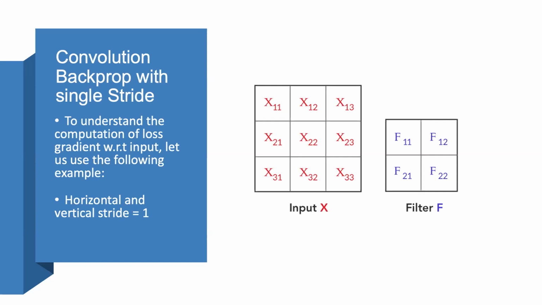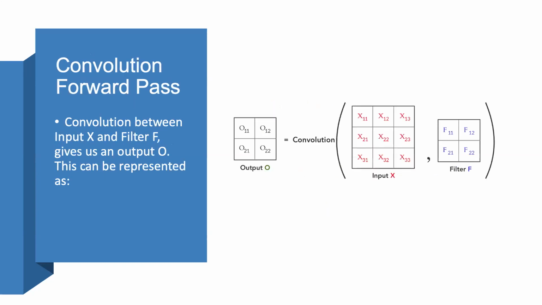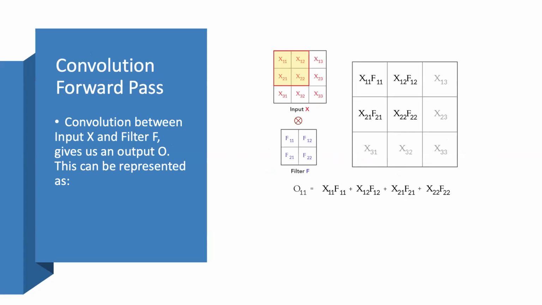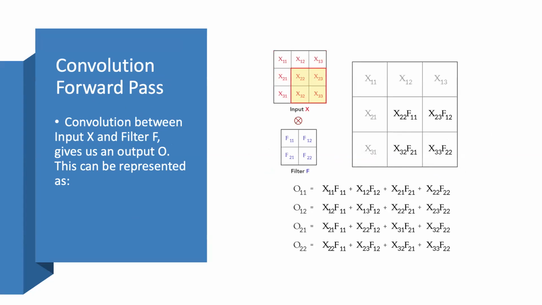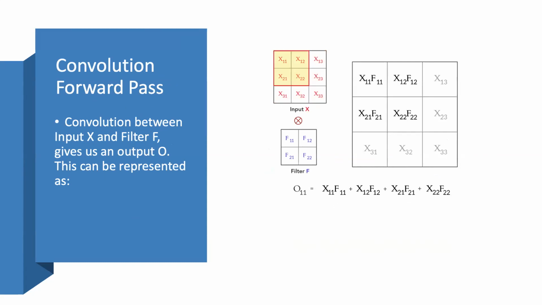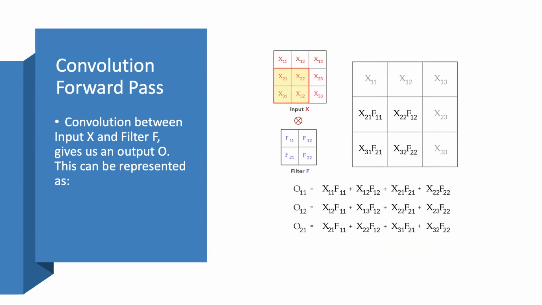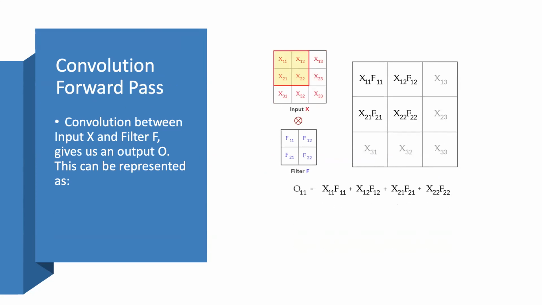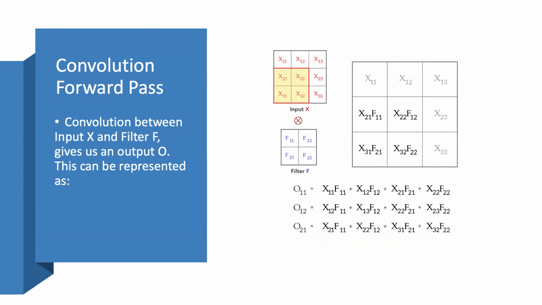So if we consider that case, then our output would be the convolution of X and F, correct? So this is the operation that would be happening basically, where you're moving the filter F over X and you're getting F11, F12, F21, and F22. Now, this was the forward pass that was talked about.